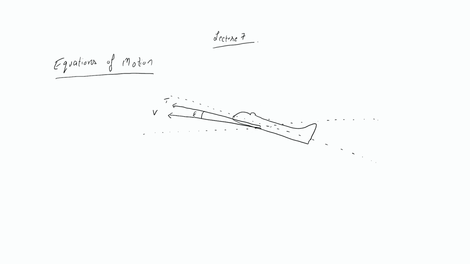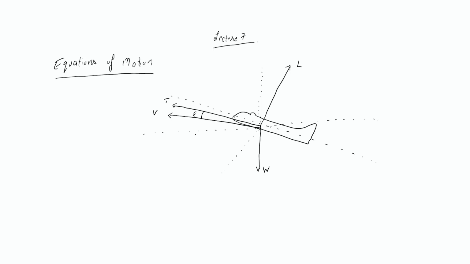Let me write the lift vector over here. So this is the lift vector, and this is the weight of the aircraft in the downward direction. Now where is the angle of attack?